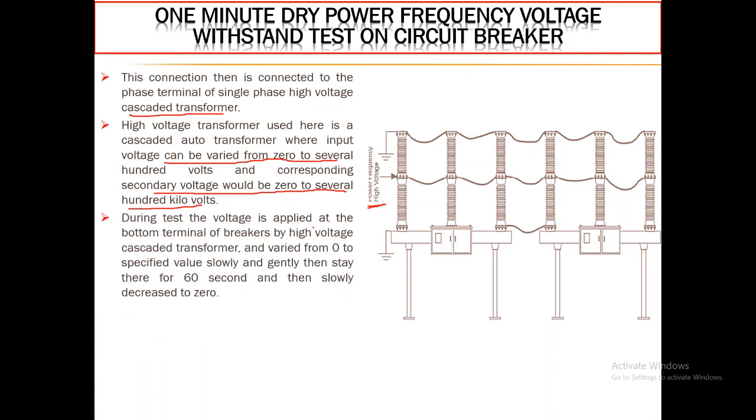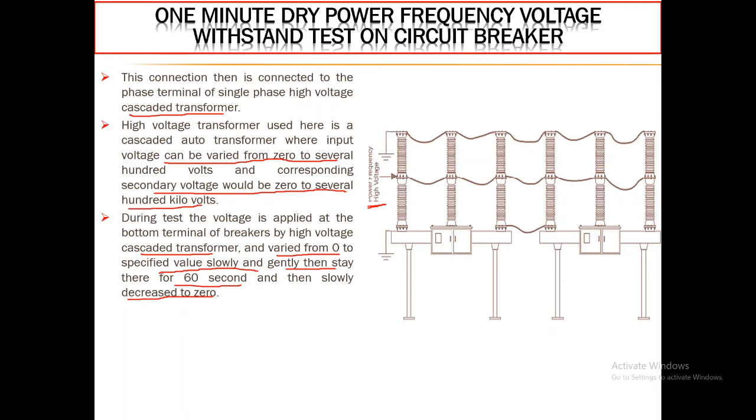During the test, the voltage is applied at the bottom terminal, as you can see over here. All the poles are shorted and connected to the high voltage source. The voltage is applied at this bottom terminal of the breakers by the cascaded transformer and slowly varied from 0 to the specified value, then kept constant for 60 seconds, and then slowly reduced to 0.